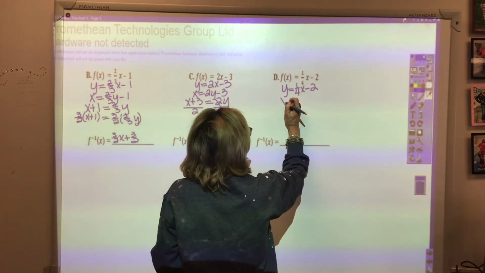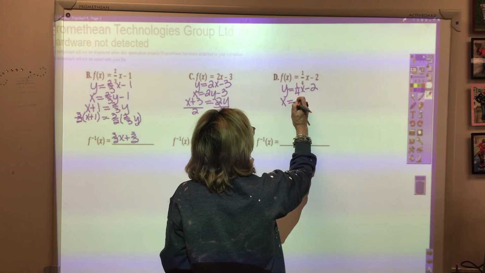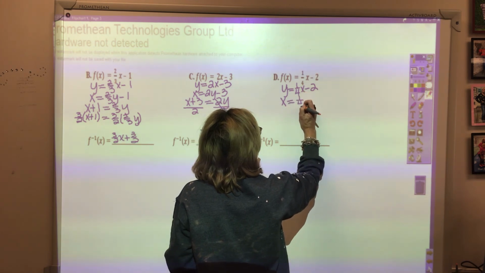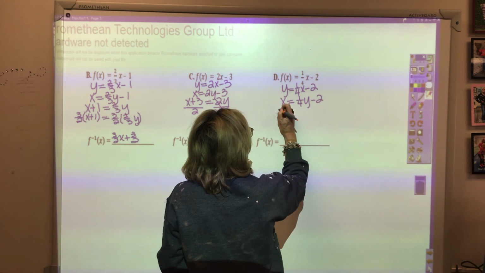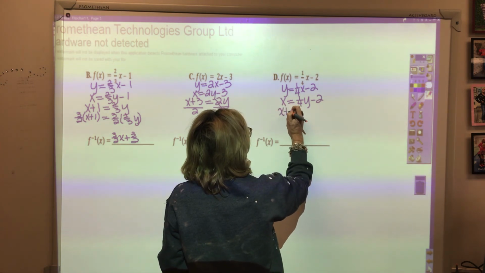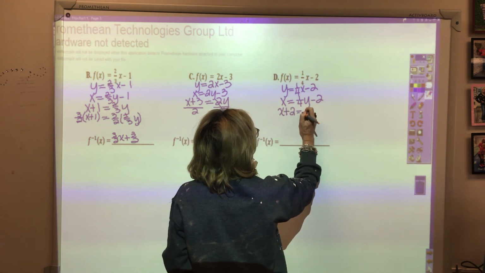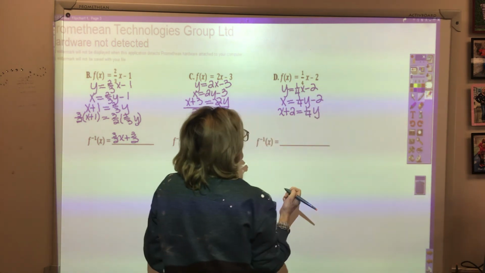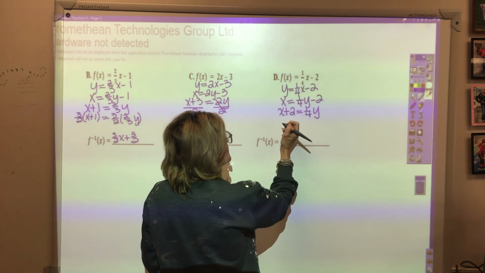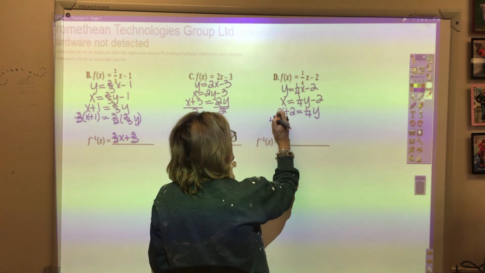Now interchange x and y, so x equals 1/4 y minus 2. Add 2 to both sides, so x plus 2 equals 1/4 y. And if we want to get rid of the 1/4, we're going to multiply both sides by 4.